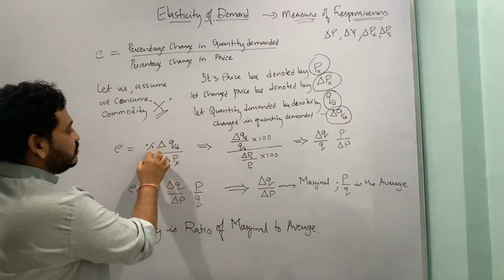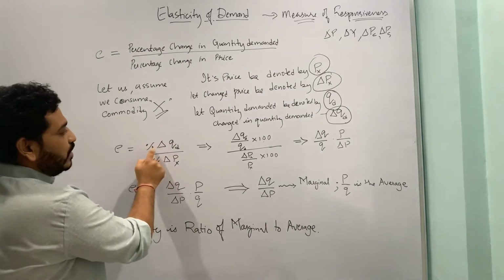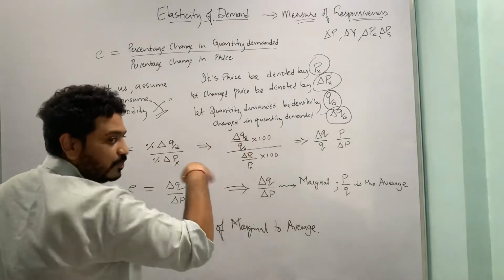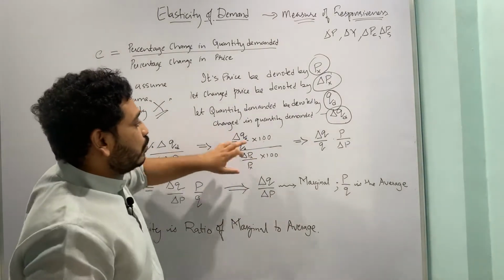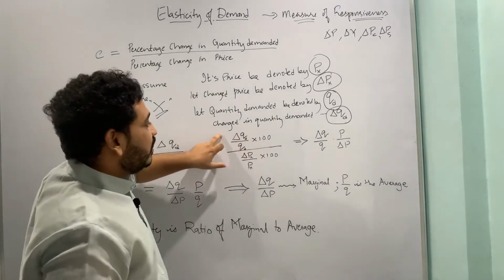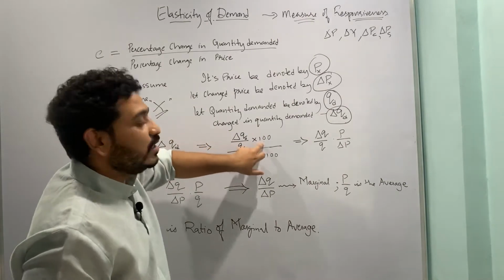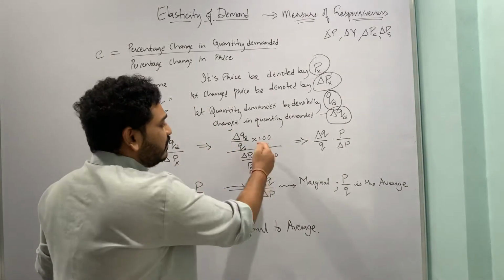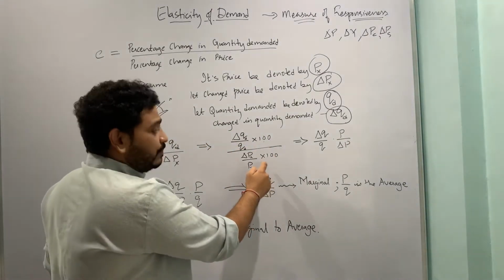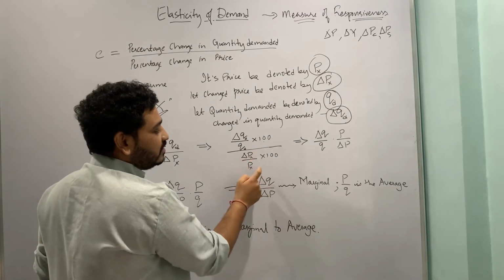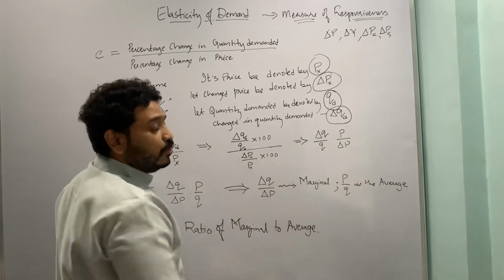Percentage means you multiply by 100. So you have to multiply the change in quantity divided by the original quantity into 100. Similarly, when we look at price, you have to take the change in price divided by the original price into 100.